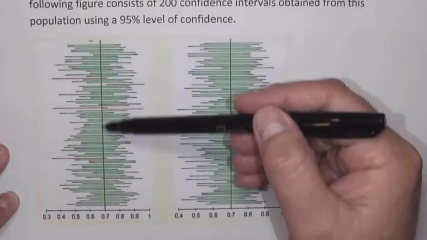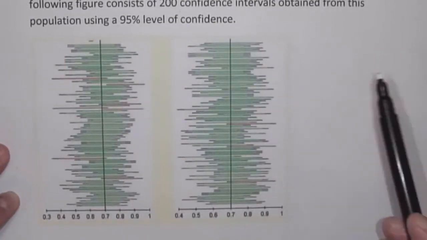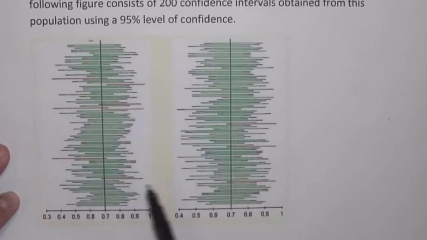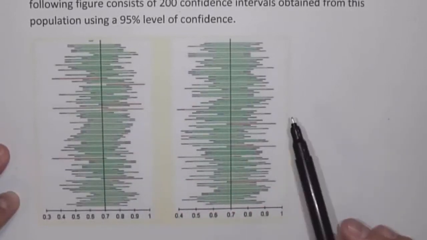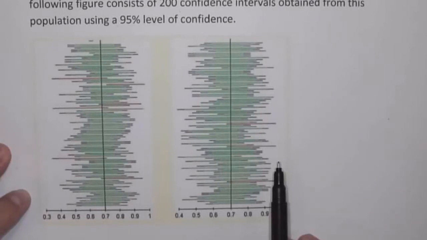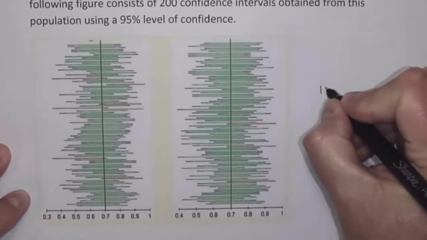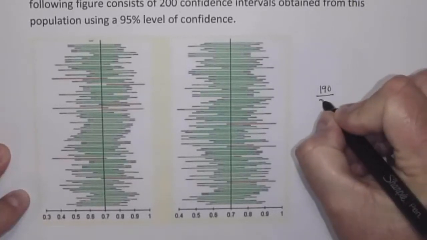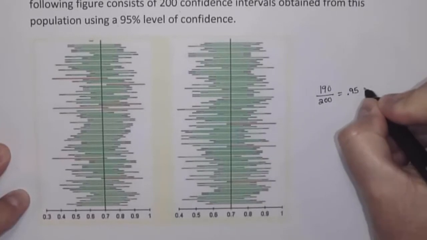If you look, we have 200 different samples simulated here, and of those 200, 1, 2, 3, 4, 5, 6, 7, 8, 9, 10 of them did not contain the parameter. If 10 of them did not contain the parameter, then 190 of them did. And if we take 190 and divide that by 200, that is 0.95 or 95%.